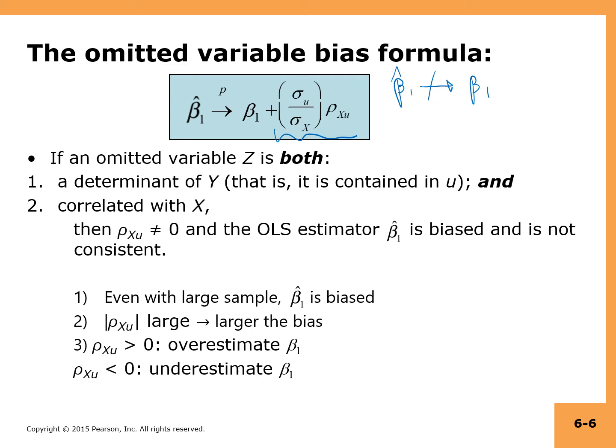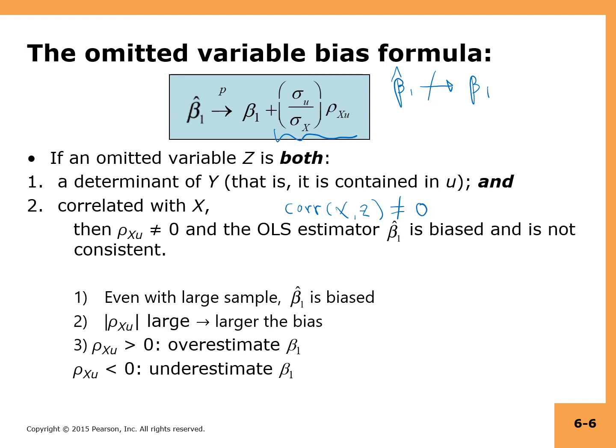So what does this mean? We said that omitted variable bias occurs when omitted variable z is a determinant of y and omitted variable z is correlated with x. So if omitted variable z is correlated with x, that means that the correlation between x and z is not equal to 0.